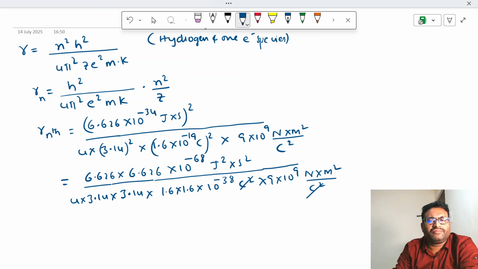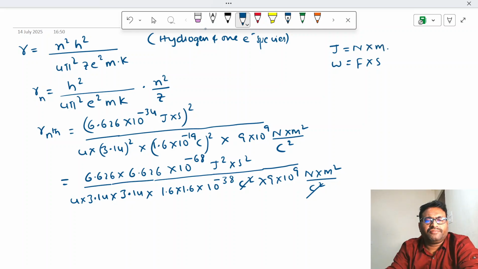And we know that 1 joule is work done, equal to force into displacement, Newton into meter.